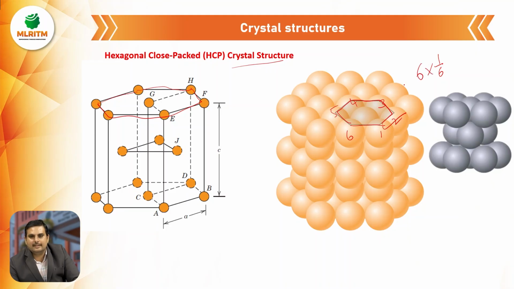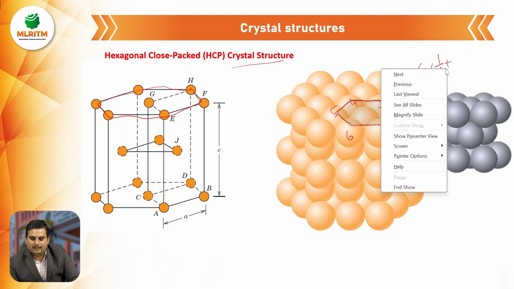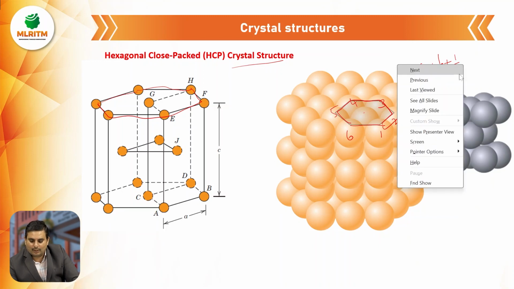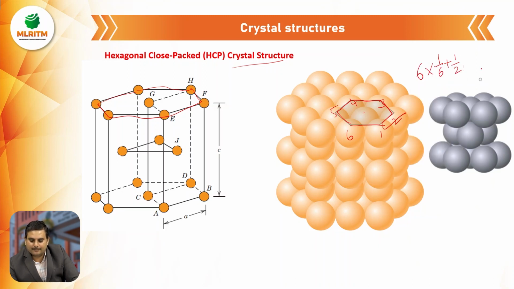Along with this, there is a central atom at the face, so half of the portion is occupied in this position. 1 atom at the top and another atom at the bottom. You can see there is one plane, and the second plane is here.